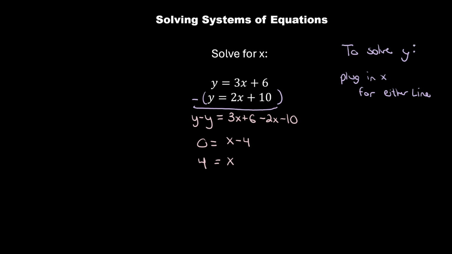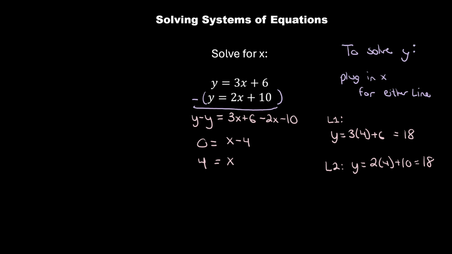So if we call the first one line 1 and plug in x is equal to 4, y is going to be equal to 3 times 4 plus 6, and if you do that, you end up getting 18 for line 1. If you do line 2 and you plug in x is equal to 4, you're going to get y is equal to 2 times 4 plus 10, which is equal to 18.